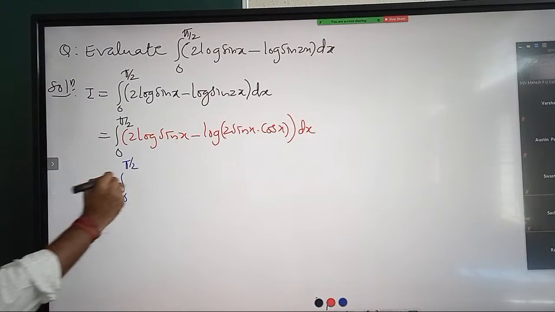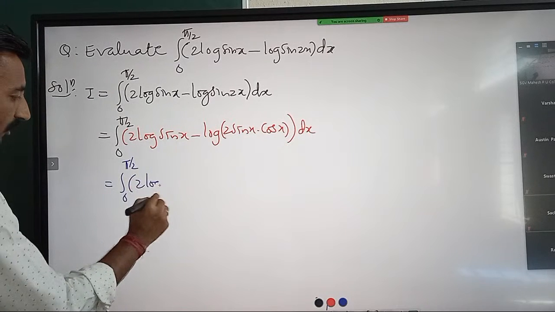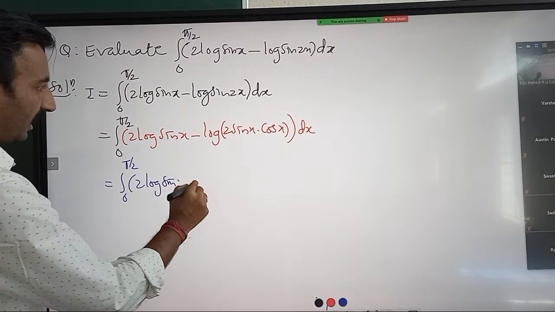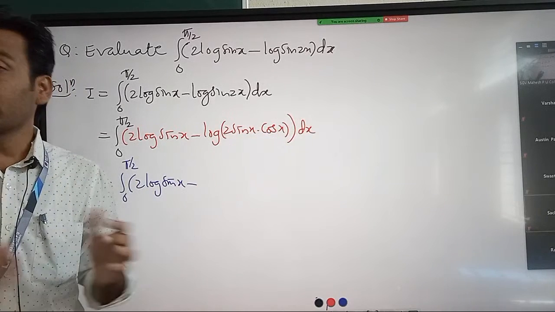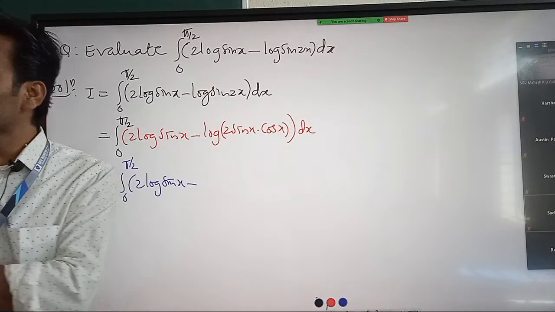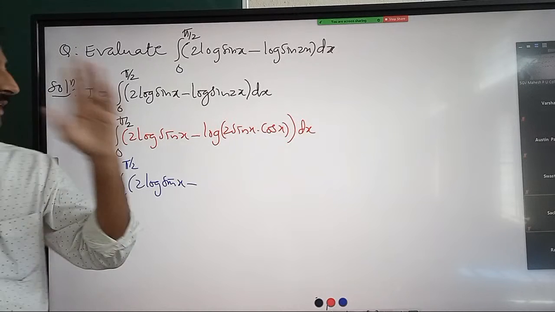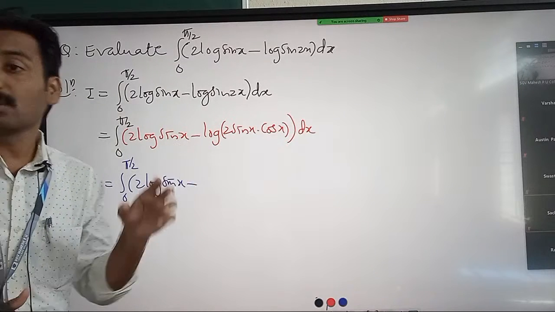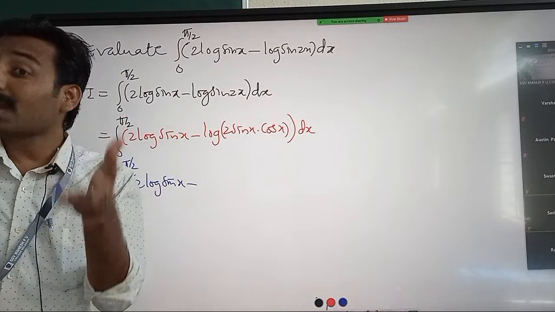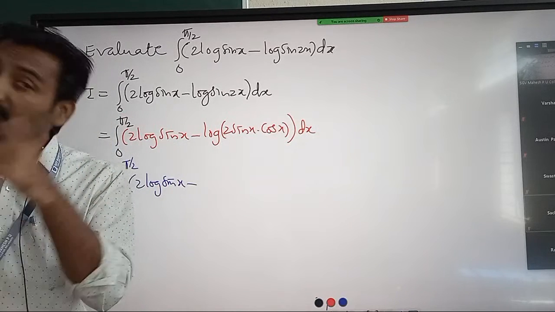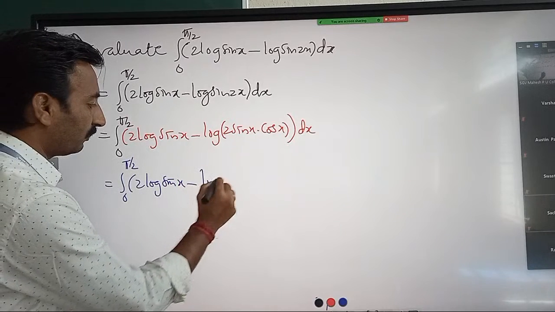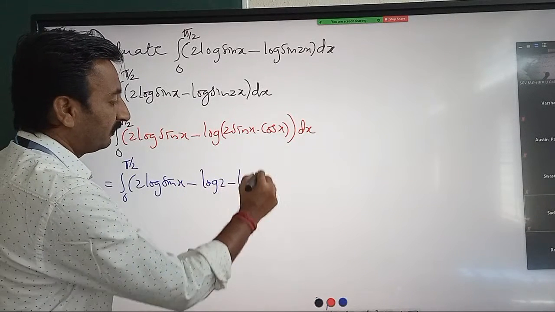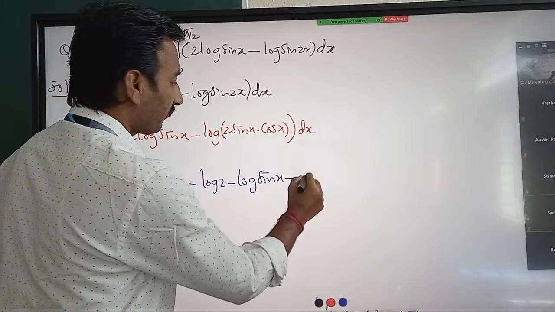So 2 times log sin x minus, what is this? Log a into b into c. Can I write it as log a plus log b plus log c? But unfortunately the backside has a minus, so all that sum becomes minus, plus plus plus all changes to minus minus minus. So can I write it as log 2 minus log sin minus log cos? Correct?